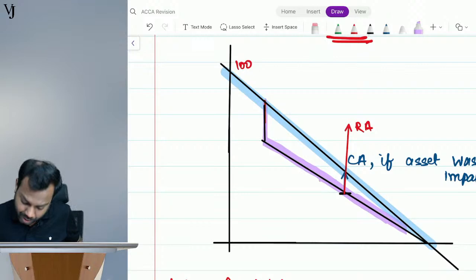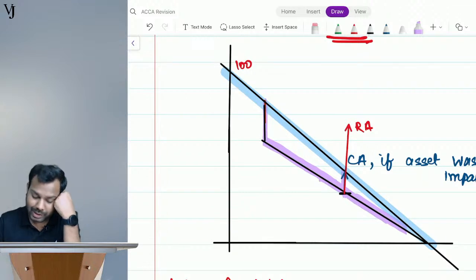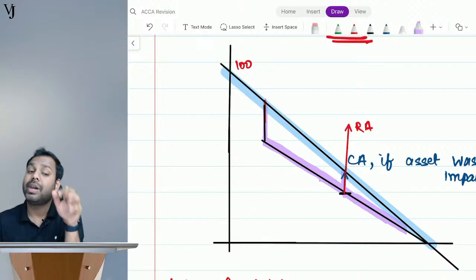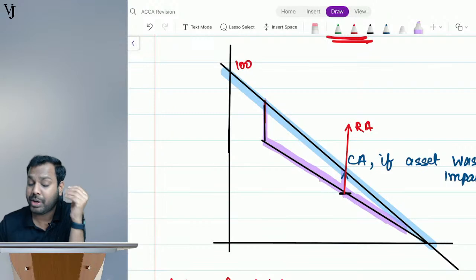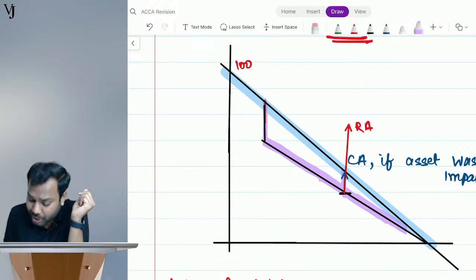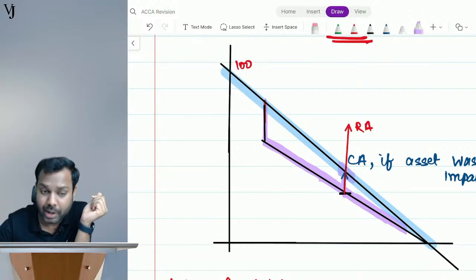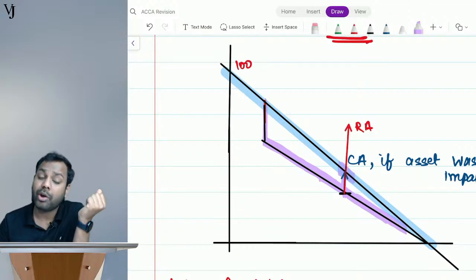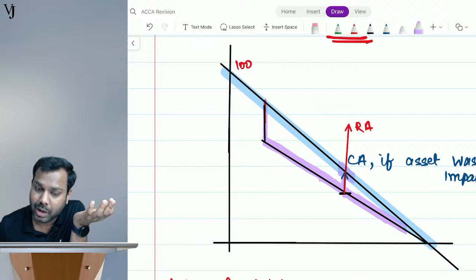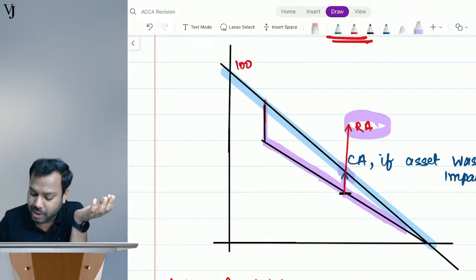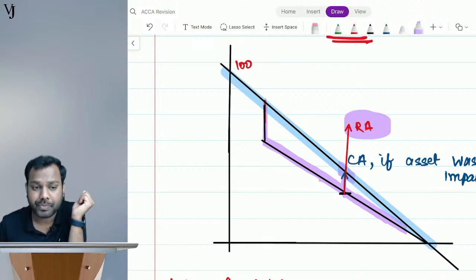Now here, if I want to reverse the impairment loss, standard says that when you are reversing your impairment loss, you can go only till this extent. You cannot go beyond that. Even if the recoverable amount is higher, you cannot go beyond that. You have to remain at your cost itself.